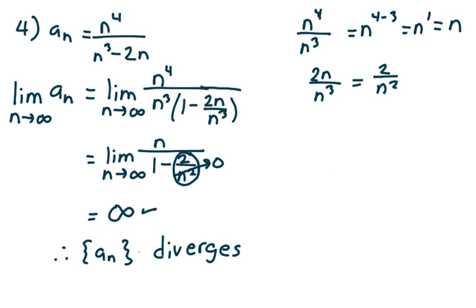And infinity is a concept. It's not a number. It's just a fancy way to say that this limit doesn't exist. And what that tells me is that this sequence diverges. We didn't get a fixed number back. That's example 4.